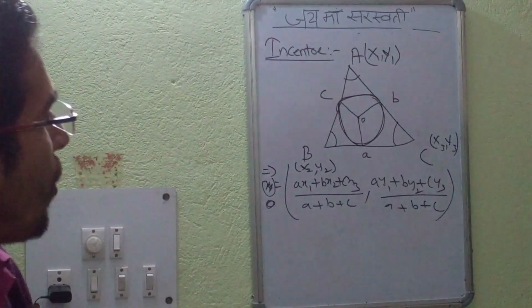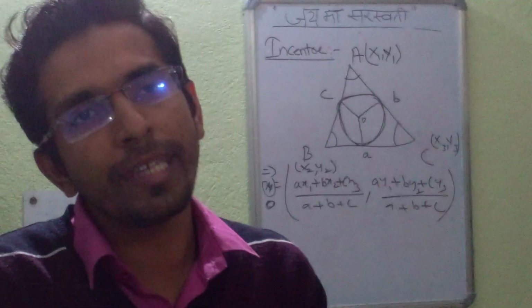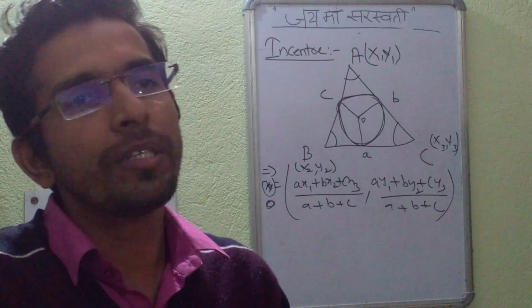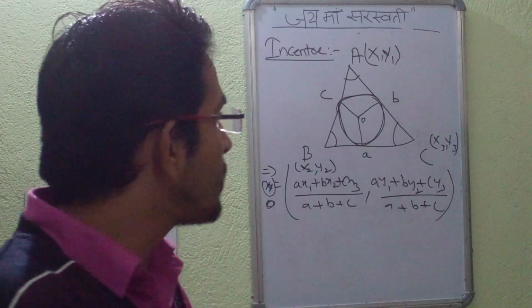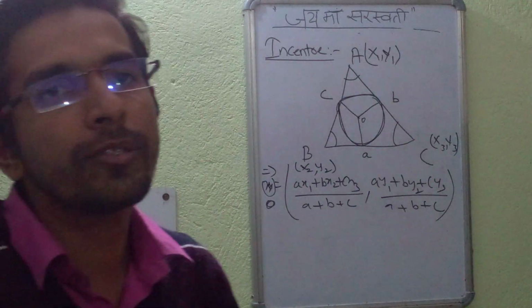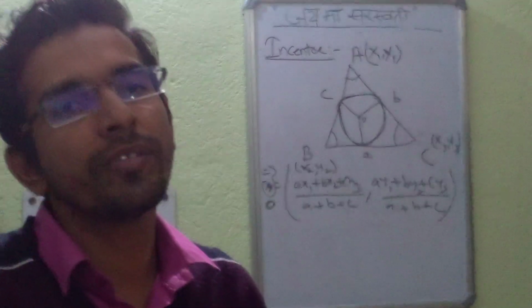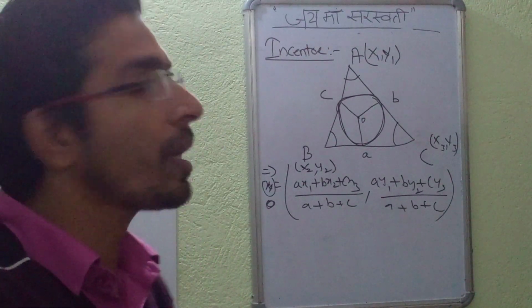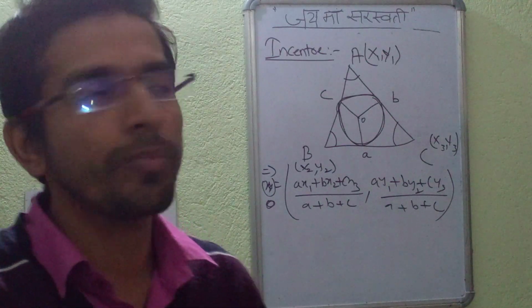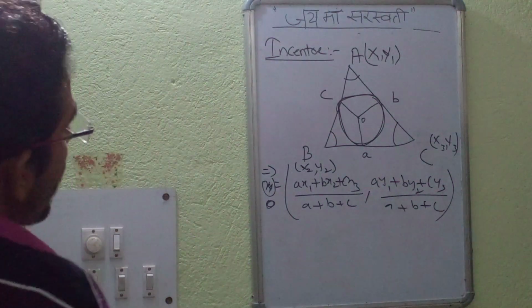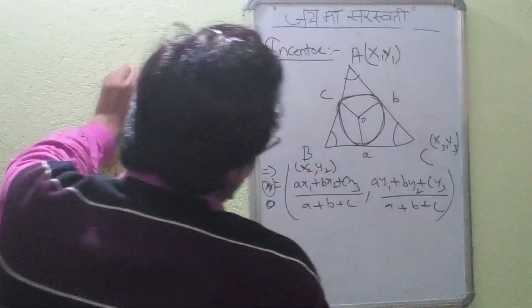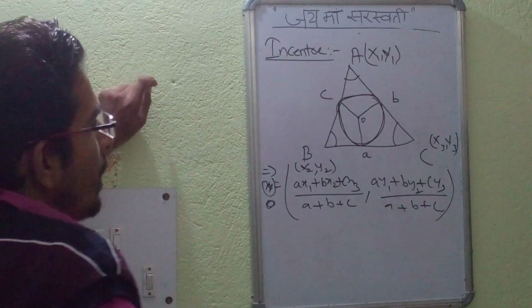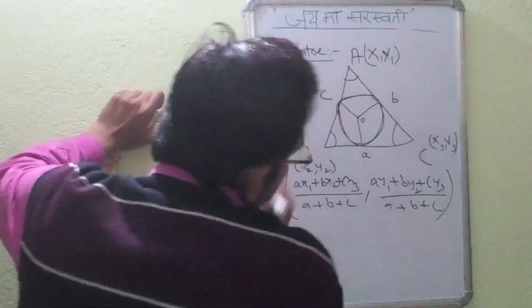It is in terms of ax1 plus bx2 plus cx3 by the perimeter of the triangle, that is the sum of all the sides of the triangle, a plus b plus c. Similarly for the y also, ay1 plus by2 plus cy3 divided by the perimeter, that is the sum of all the sides of the triangle. So in this case we had calculated the incentre. Now if the incentre is given, we can easily calculate the value of the radius here.